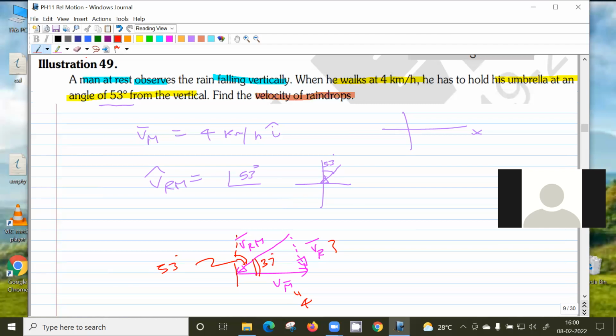So the correct picture will be like this. Is that clear? So the angle is 90 degrees. This angle is 90. So 37 means this angle is 53. So property of 3, 4, 5 triangle, right? This is 3. This is 4.